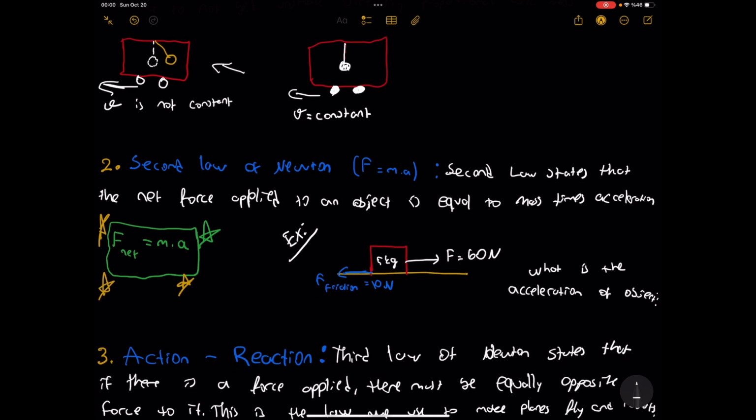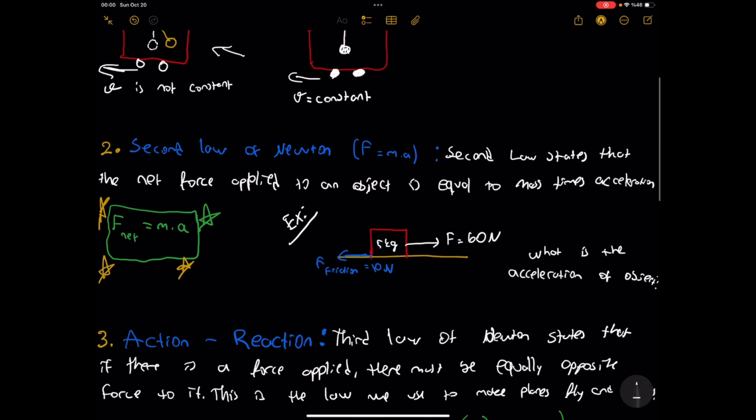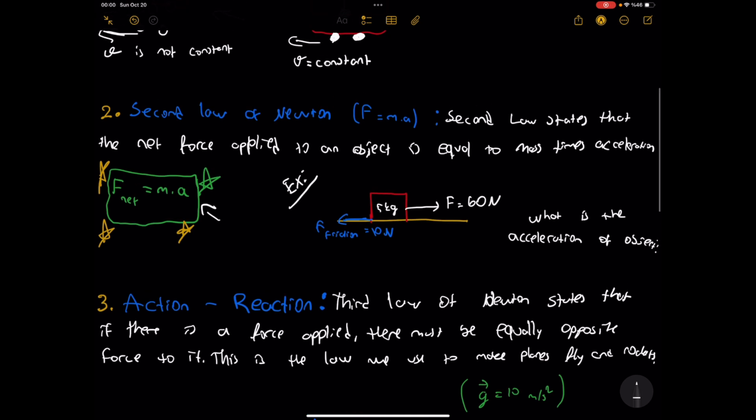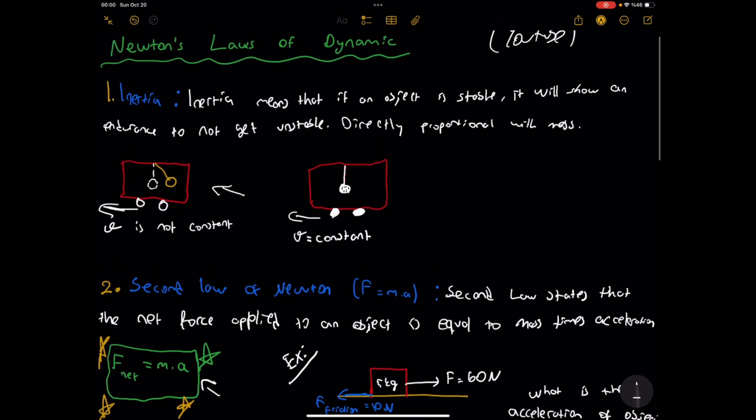So that's just it. The second law of Newton is F net equals ma, which is, if not the most, one of the most known laws of Newton. The second law of Newton states that the net force applied to an object is equal to mass times its acceleration. As I wrote down here, it's pretty simple.